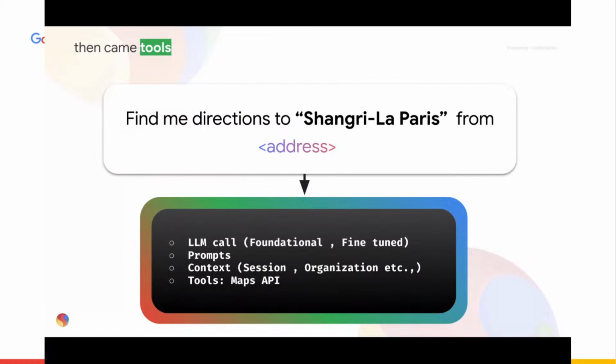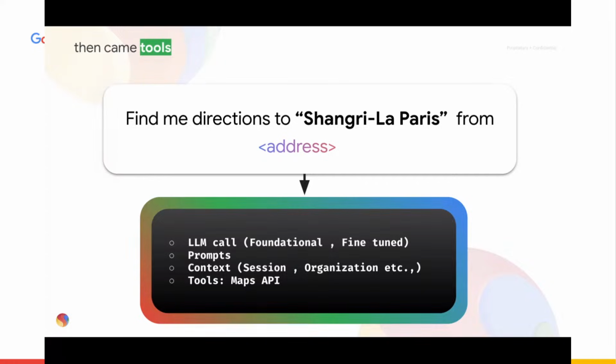And then we went a little bit further when we realized, oh, I need more. In this question, I'm asking, find me directions to Shangri-La, Paris from a specific address. So to accomplish that, we introduce the concept of tools. Tools here, in this case, are Maps, but it could be anything. You could define your own tool for your own organization.